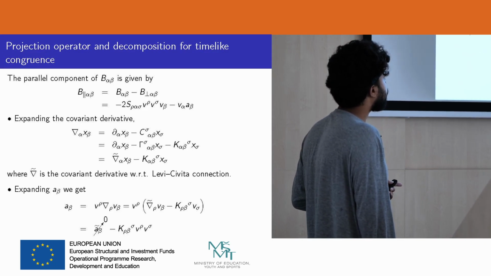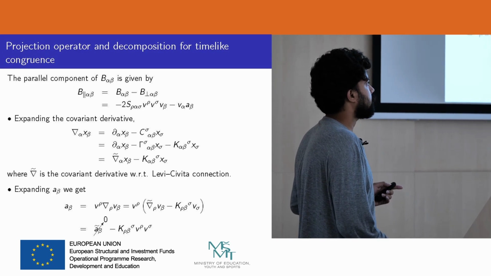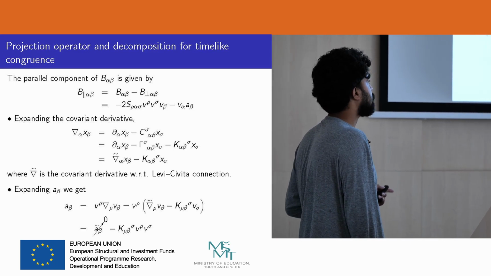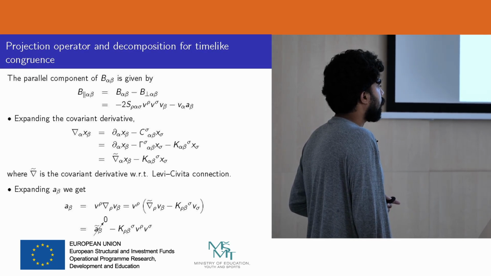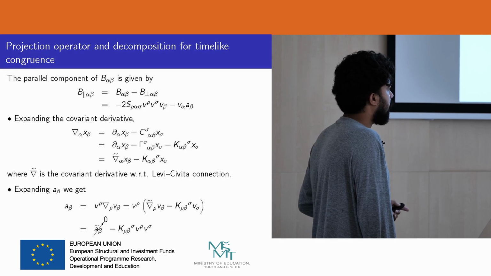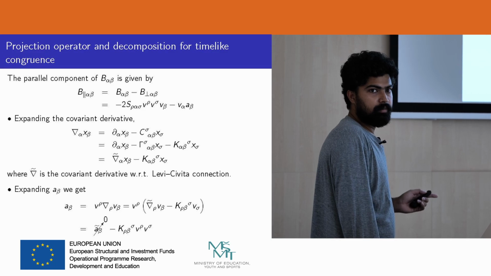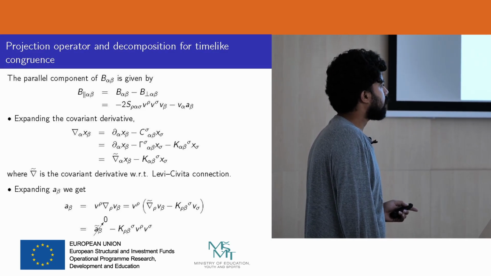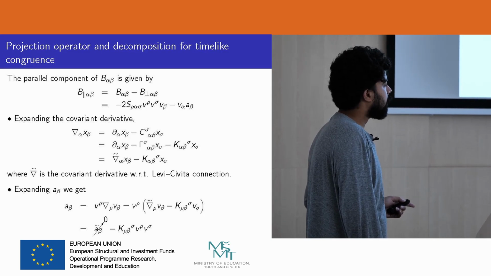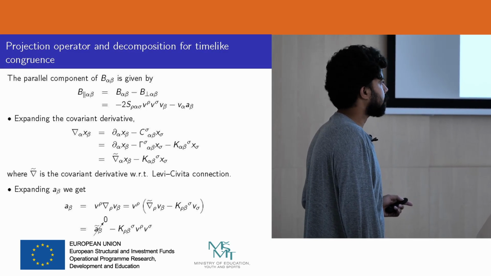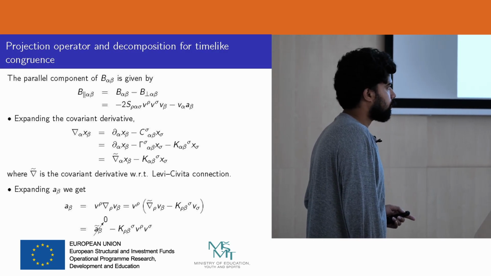So this is the expression if we open up this nabla alpha, which is defined with respect to the generic connection C, and if we expand alpha beta, then we can see here, and this part is basically the pure Levi-Civita part, and if we are considering the geodesic, then this should be 0 because there is no acceleration if we are flowing along the geodesic. So we have only a non-zero part coming from the contribution of contortion.